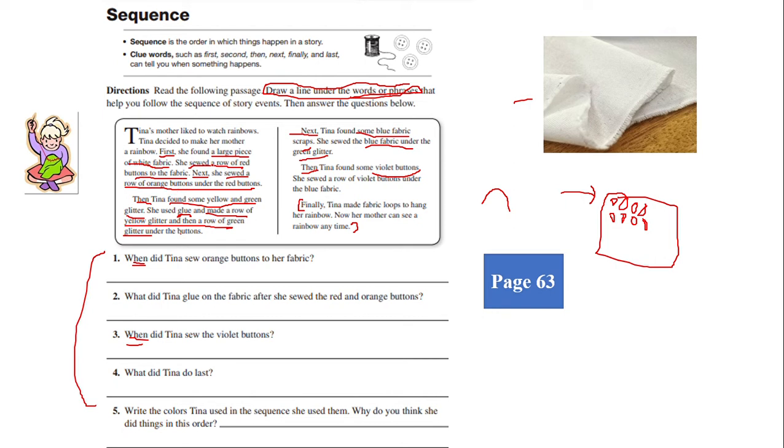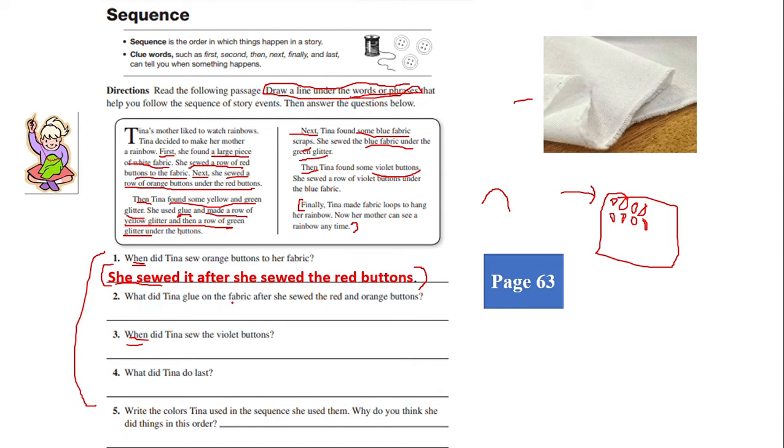After she sewed a row of red buttons. She sewed it after she sewed the red buttons. Look here. Complete sentence with a subject and a complete predicate. Okay, so do not just give me the answer, give a complete sentence.